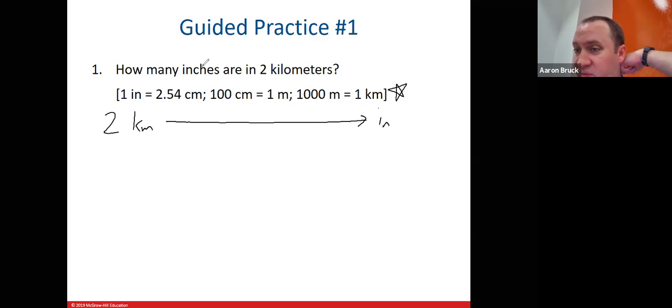The information that we've been given is a combination of the information that we saw on Friday using the metric table and the information that we have in that reference table that I just showed you. Setup, well, I've got 2 kilometers.